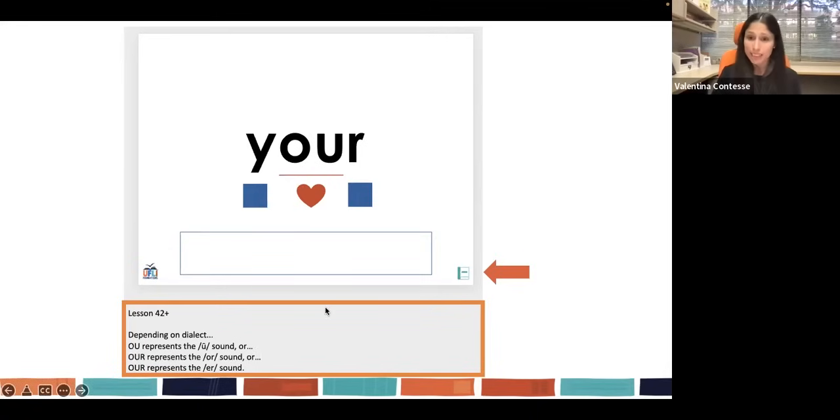And sometimes it's dependent on dialect, like you see here with the word your. Another key element of the slides is that they have this white box, which can be used in order to cover up the symbols and uncover the symbols as you're introducing the word and teaching the word and practicing, once again, what parts are irregular in this word.